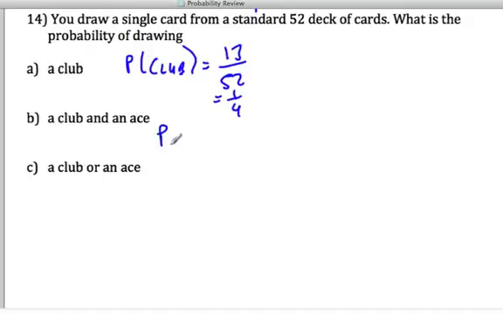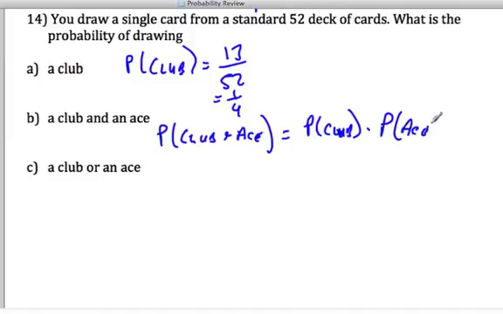So the probability of drawing a club and an ace will just be the probability of drawing a club times the probability of drawing an ace, which is 1/4 times 1/13.